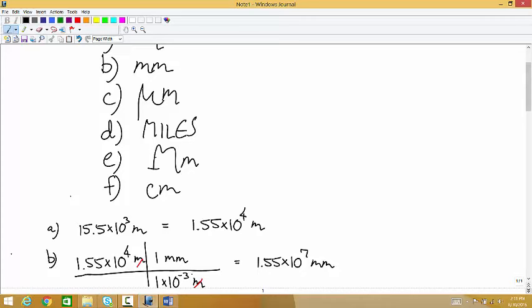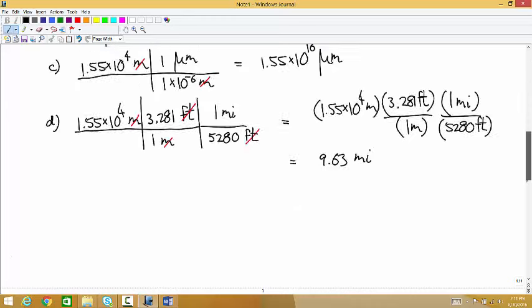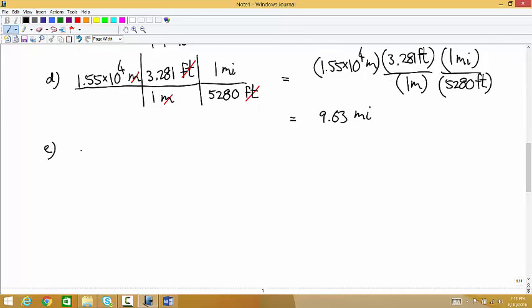But it's the same idea as B and C. Just using, so like for part E, we're going to use the conversion factor that 1 megameter over 1 times 10 to the 6th meters is equal to 1, and multiply by that to convert.